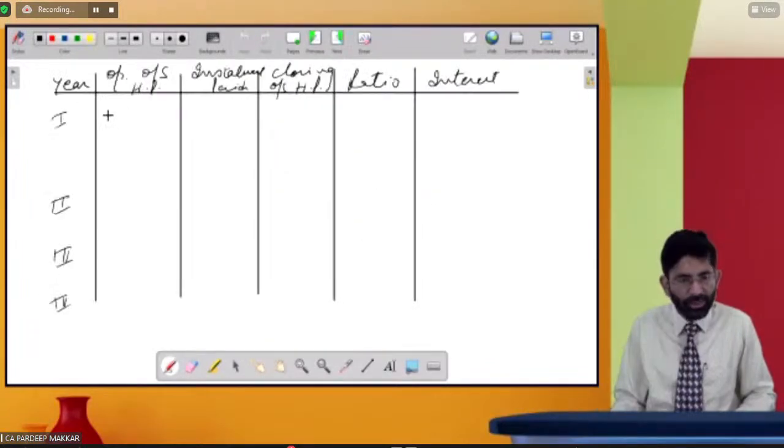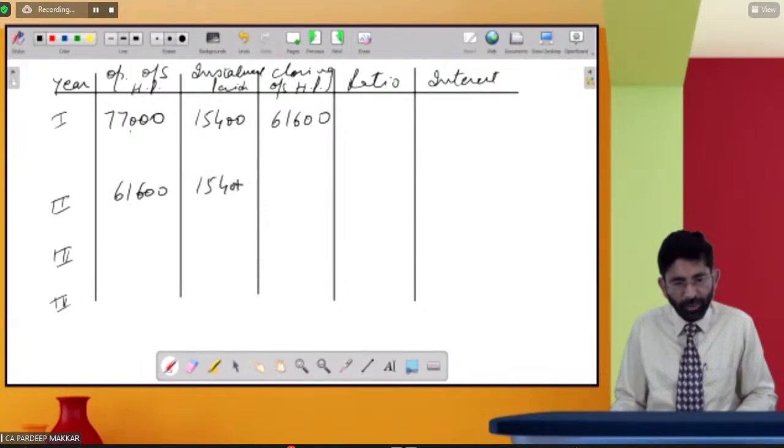So you have to start with 77,000. How much is the installment which has been paid in this case? 15,400, beta. Closing you have to calculate. $61,600 maybe. Yes. So this will become opening.